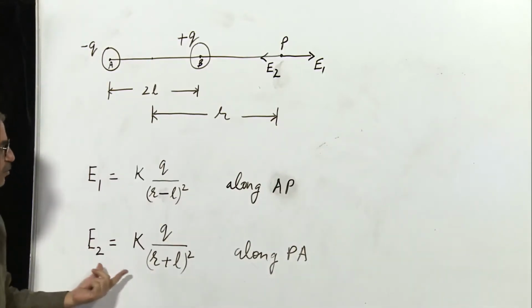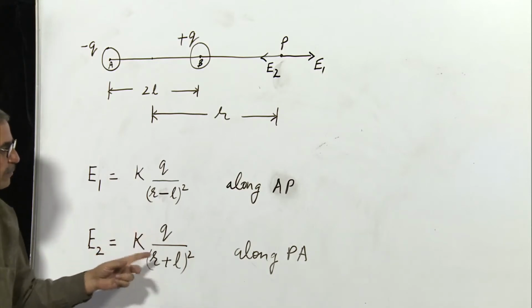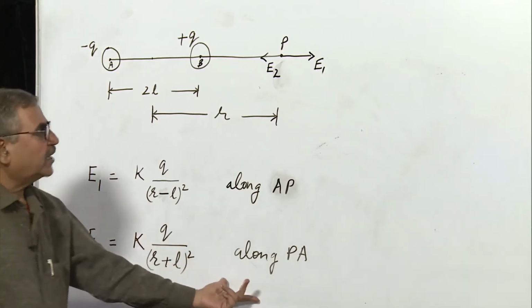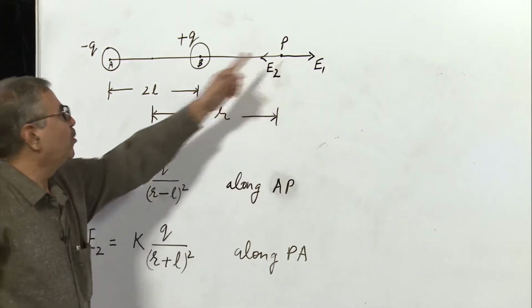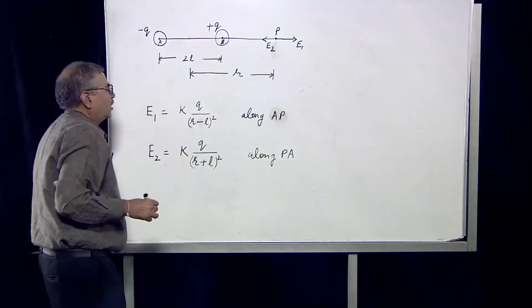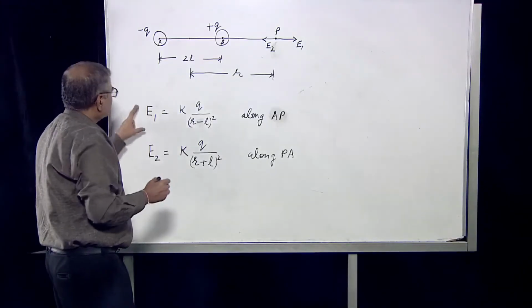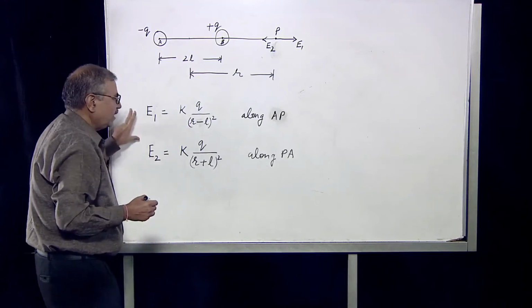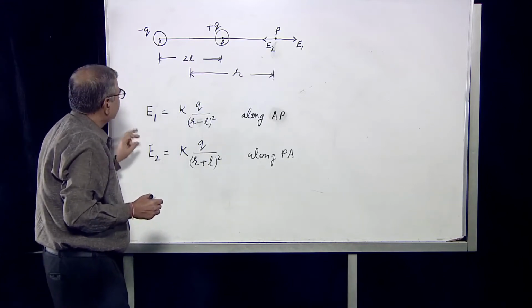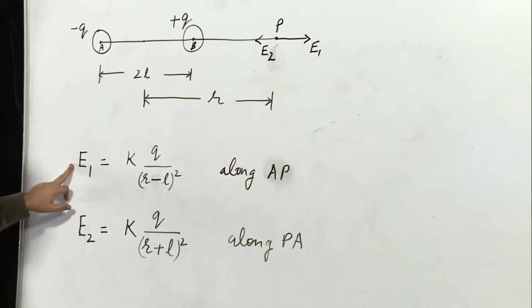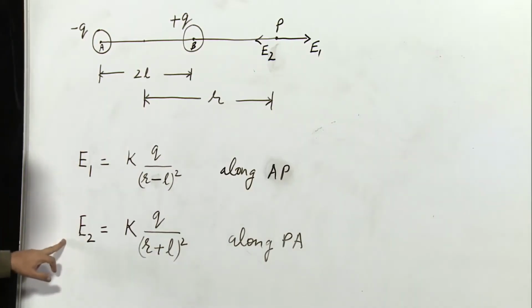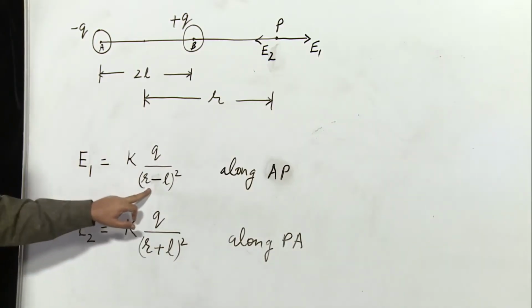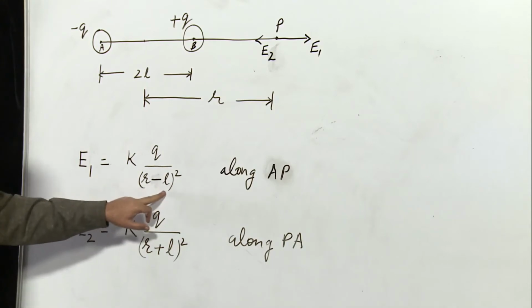So, E2 is equal to K Q upon R plus L whole square and its direction will be from P to A. Now, from the scrutiny of these two relations E1 and E2, we see that E1 is more and E2 is less because the denominator here is R minus L whole square.